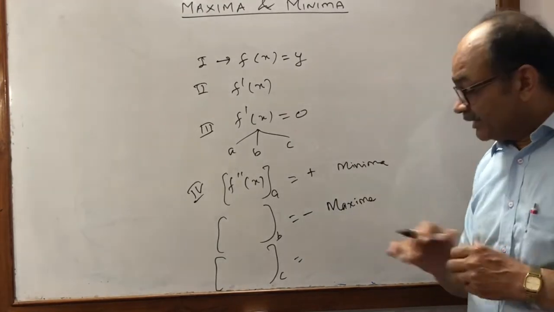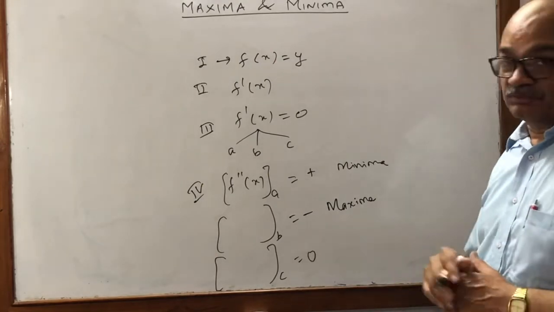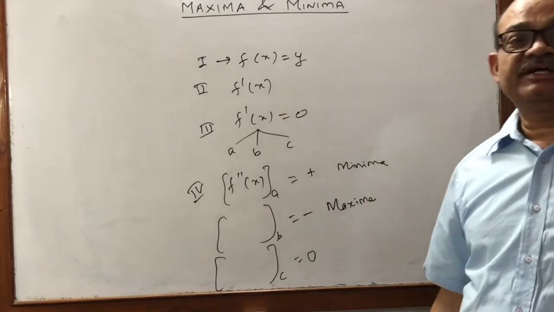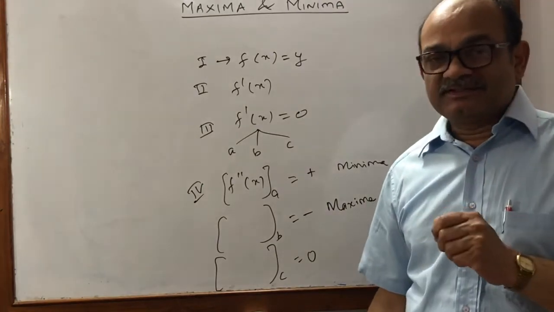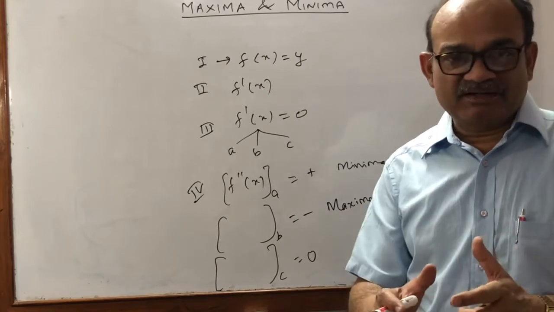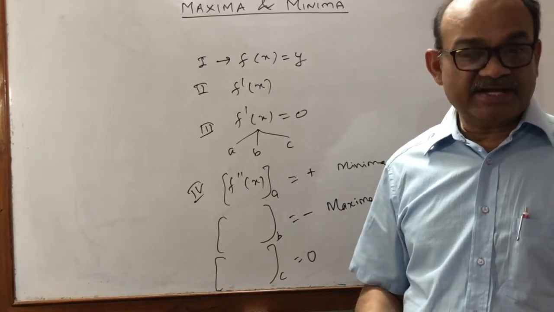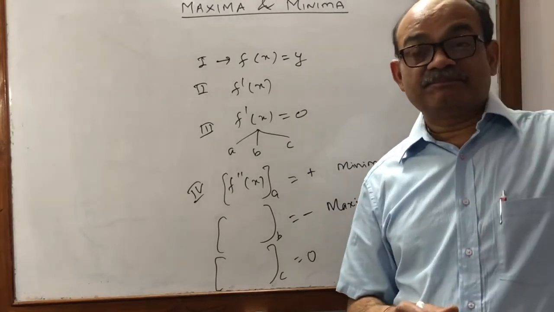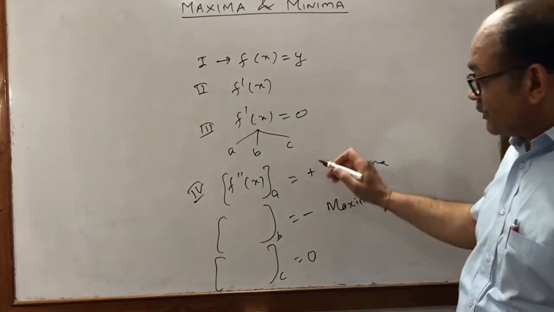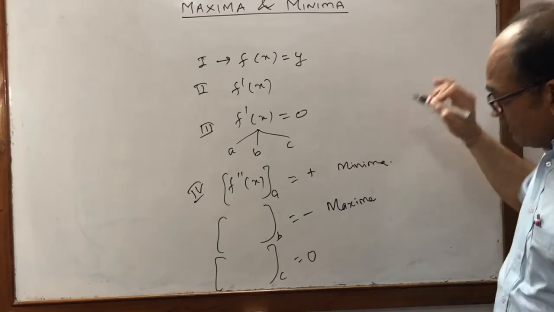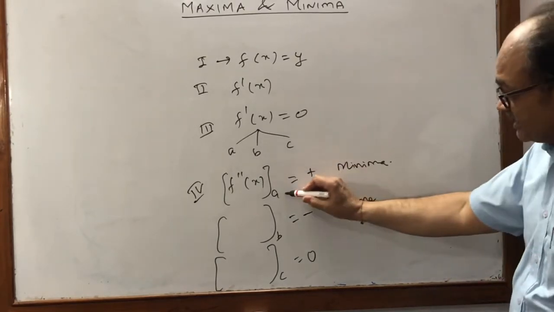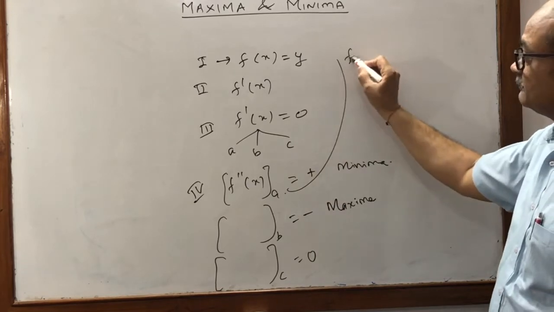Correct? And if sometimes we get 0 when we substitute the point C, it means the point of inflection. It means neither maxima nor minima. The sign is not changing, as we compare with the first derivative test. So here the minima point is A. Then you have to substitute this point in the question.